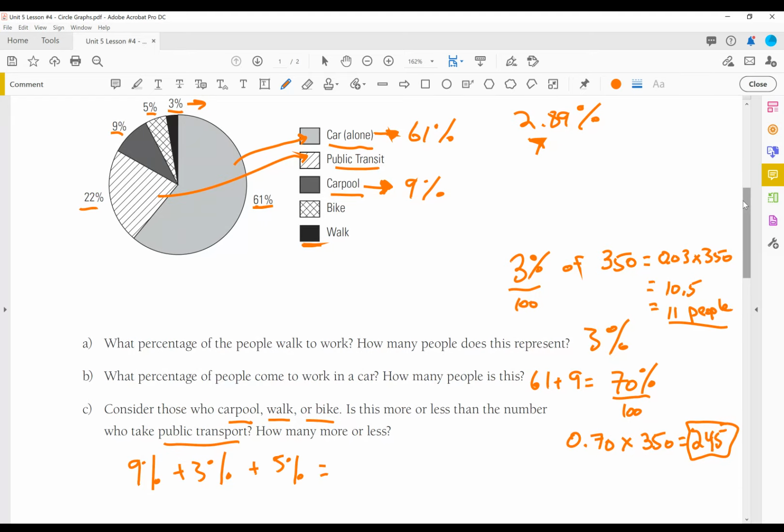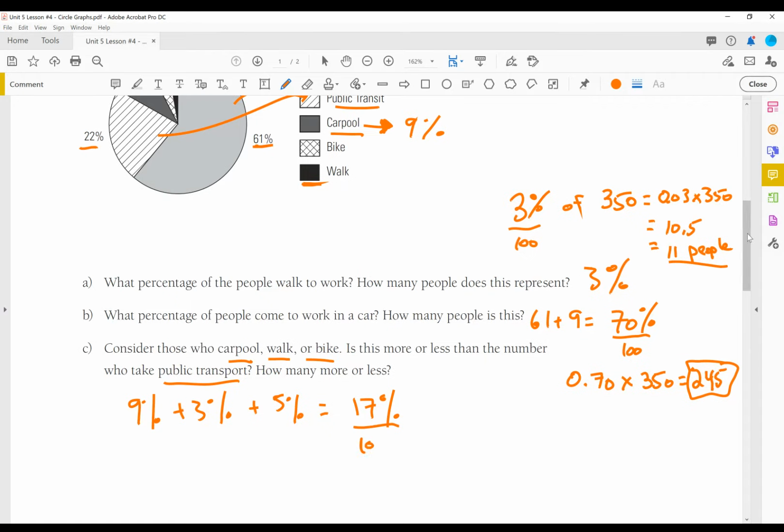Okay, so when I add all of those together, it's 9 plus 8, which is 17% total. As a number, if I divide 17% by 100 and then multiply by 350, it's 0.17 times 350.